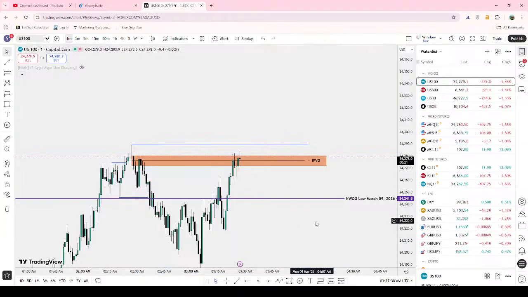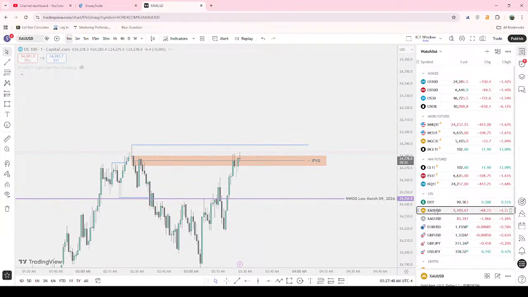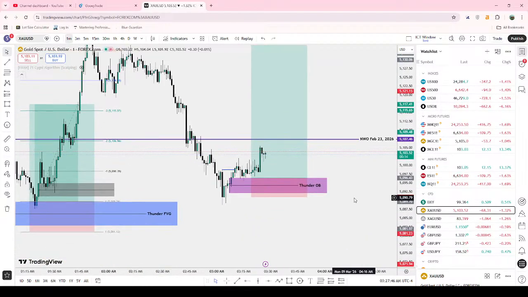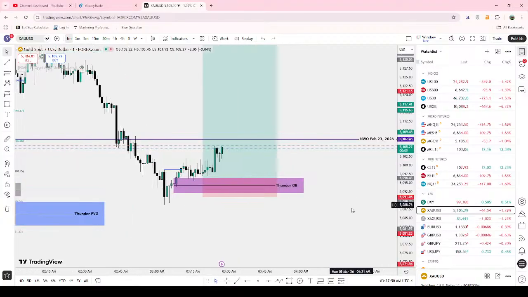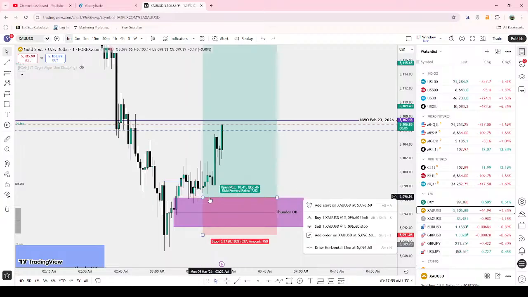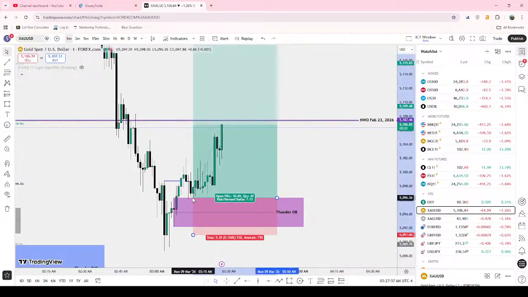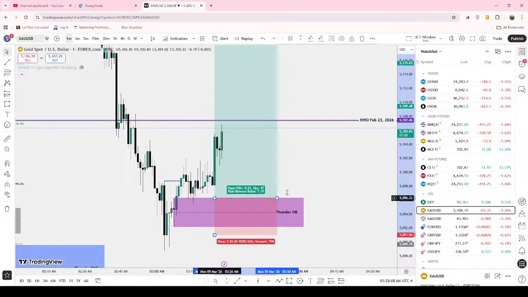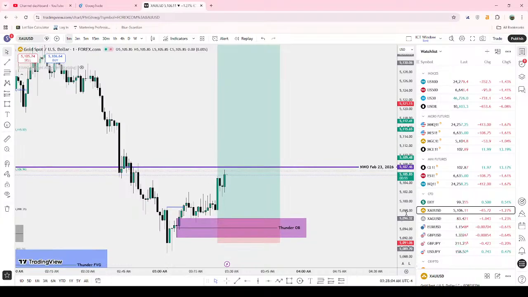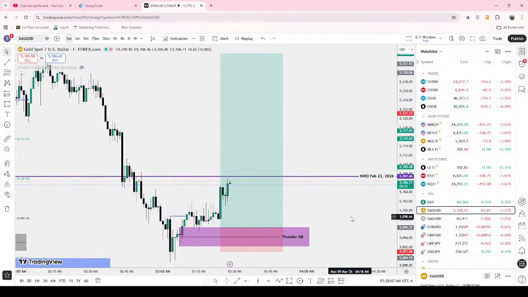This has been obliterated, as I say, cancelled. This should have been our entry, but we didn't enter here because we were busy somewhere else, and I also had doubt that the market might break the OB, but it respected and is rejecting from that OB.